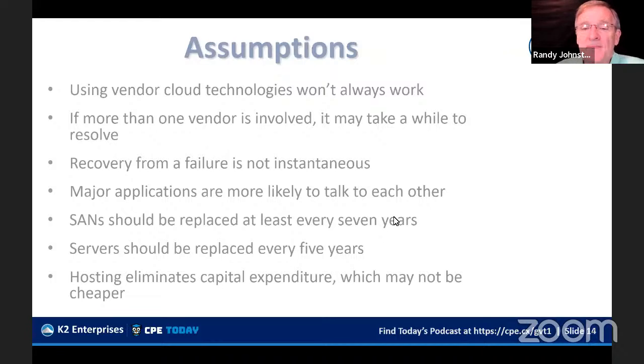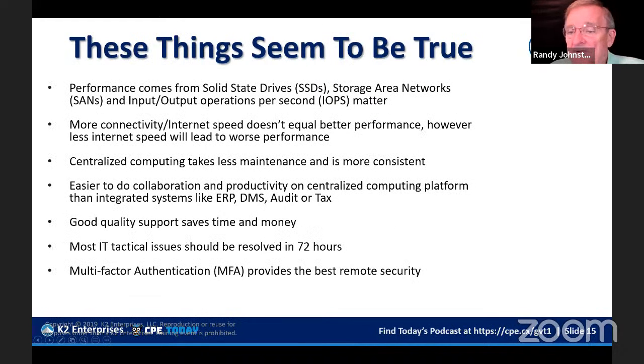So these things do seem to be true, though. Performance comes from solid state drives and storage area networks that are also using solid state drives. Input output operations per second, or IOPS, matter because when we're running off of these big cloud environments, each user needs about 180 IOPS.